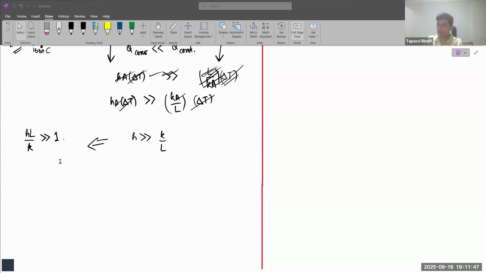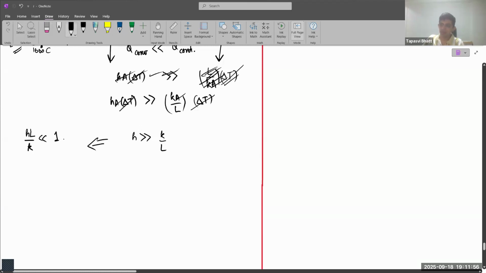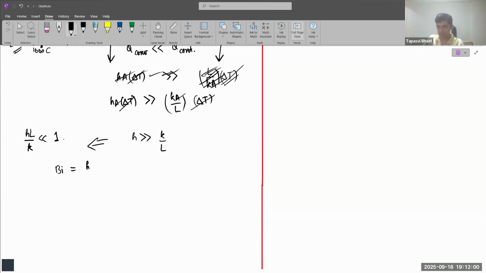Thank you. So essentially, hL over k is very less than 1. Usually, the way it is defined as Biot number, which is hLc over k, is very, very less than 1.